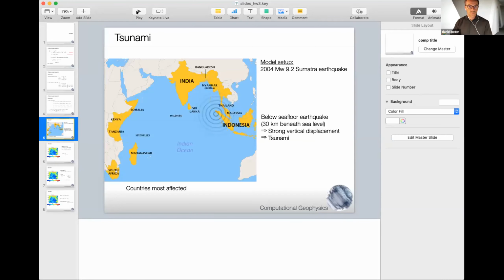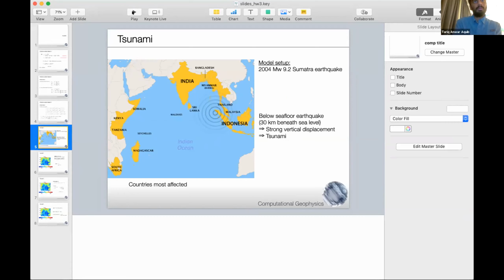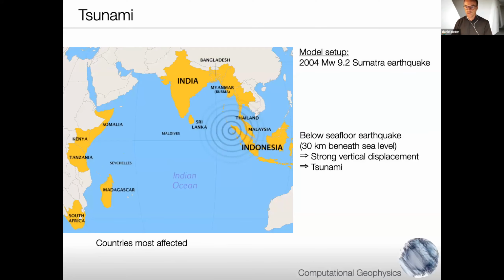Okay, this one you see? I don't see this before. Now, yes. If I put it full screen, you still see it or not? Yep, I see now. The same slide. Okay.